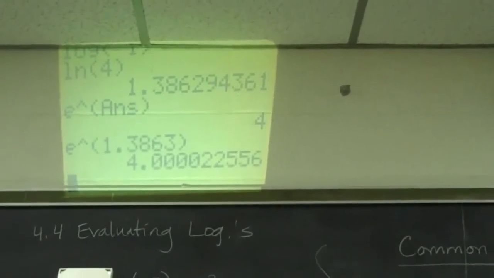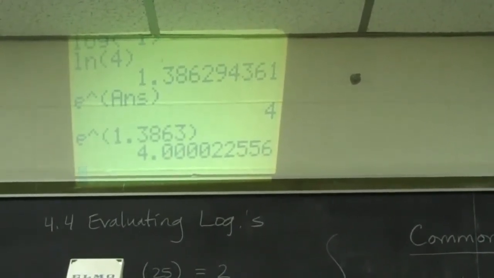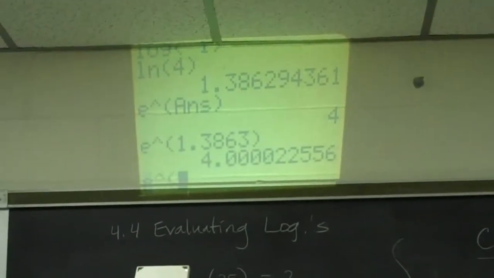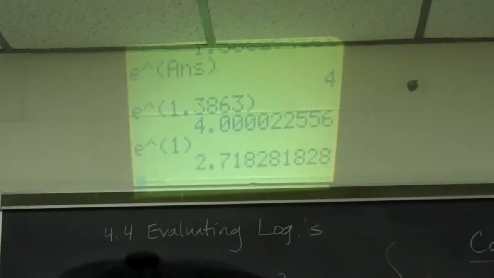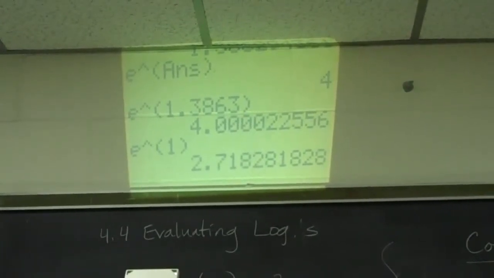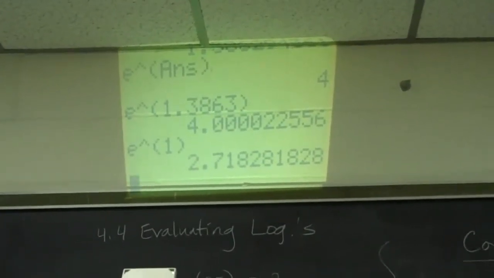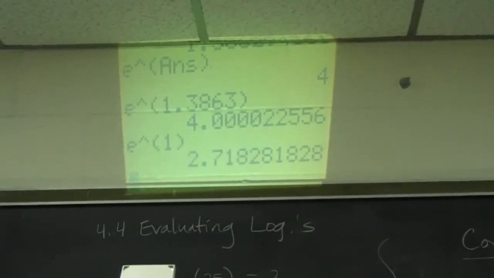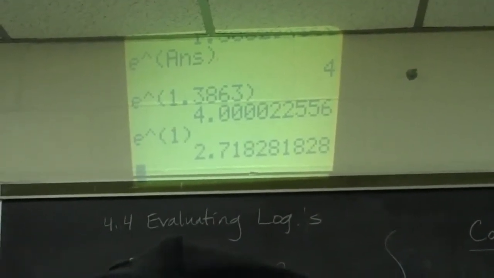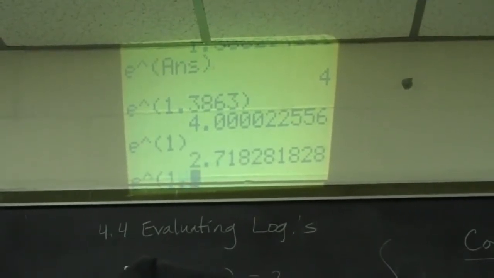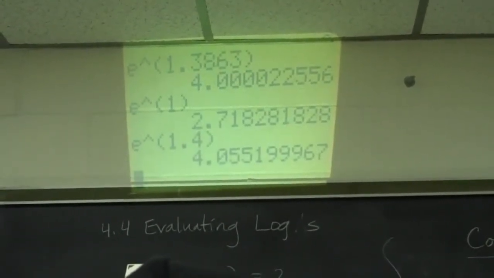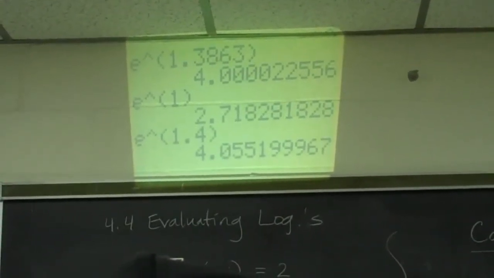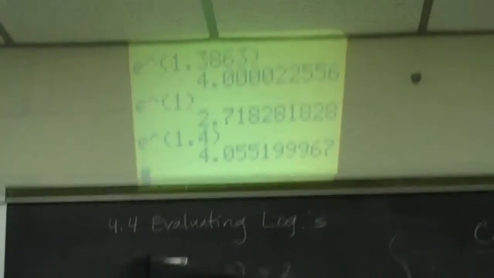Okay. Now, why 4 decimal places then? What if I just rounded to the nearest whole number? If I just did e to the first power, that's not going to be anything close to 4, right? And nobody, I don't think, would have said, hey, let's round that to the nearest whole number. Is that true? So what if I did 2 digits, 1.4? If I did e to the 1.4, it's a lot closer to 4-ish, right? But I think we can do a better approximation.